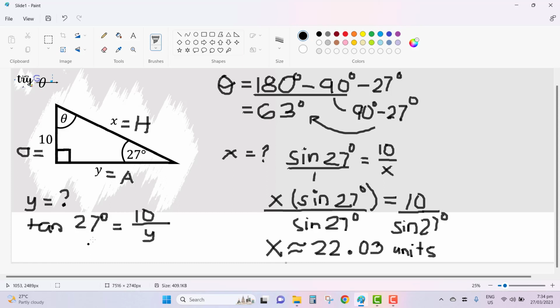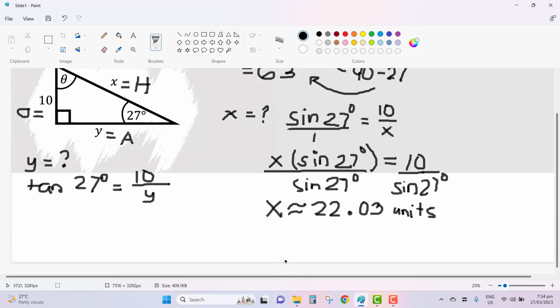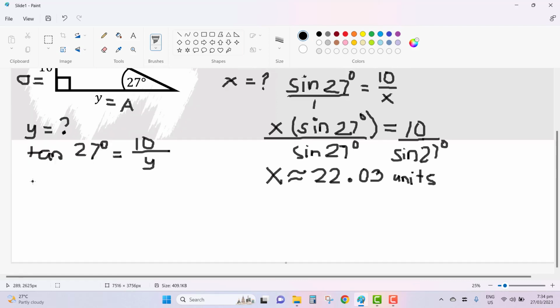Using the same processes, you can cross multiply: y times tangent 27 degrees is equal to 1 times 10, being 10.